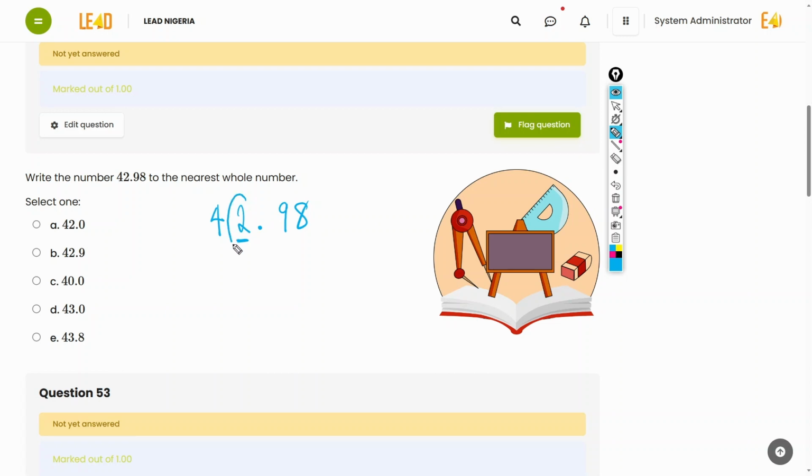So we're going to test the next digit, which is 9, and add 1, because 9 is a strong digit. The answer will be 43 points, and then everything here changes to 0, 0. That's 43.0.